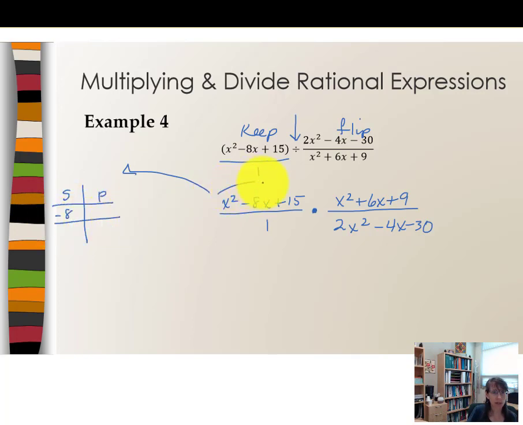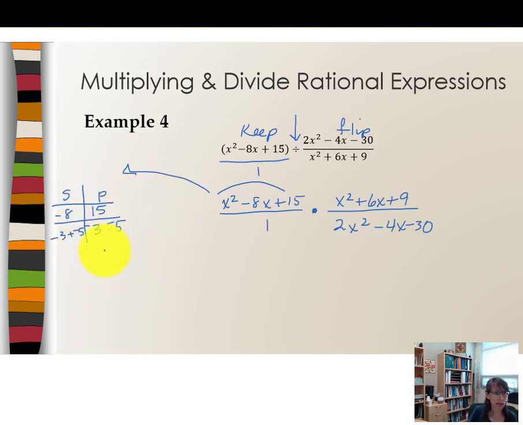Product comes from 1 times 15, so that's 15. I'm thinking 3 times 5 makes 15. How can we change 3 and 5 in order to get a sum that's negative? Make both of these factors negative. So negative 3 added to negative 5, that will make negative 8 for the sum.